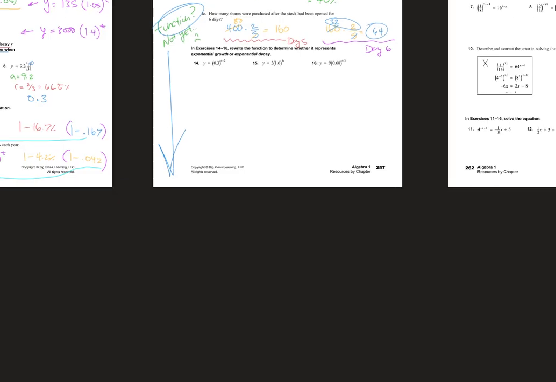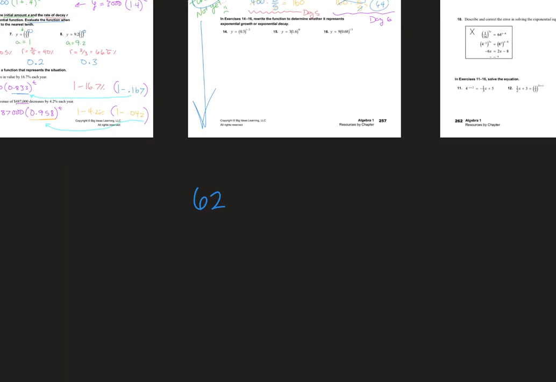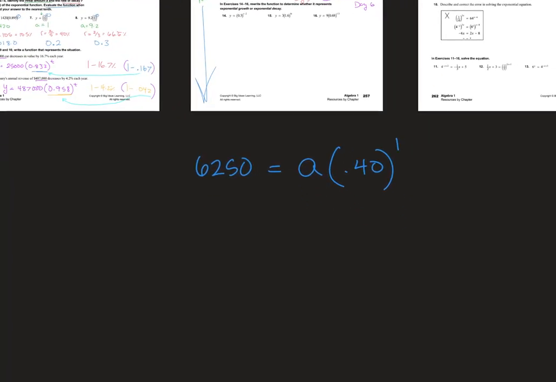So here's how you find the function version. What I'm going to do is I'm going to take 6250, that is the amount of shares sold on day 1. So I don't know our initial value. I know this is going down by 40%, and I know on the first day, like I said, we had 6250. So what we could do is when we simplify this is just 6250 equals 0.4a.